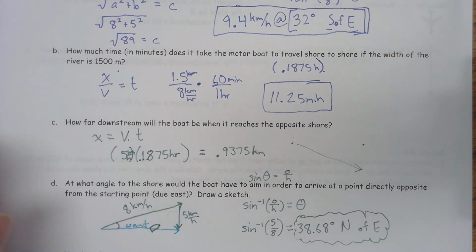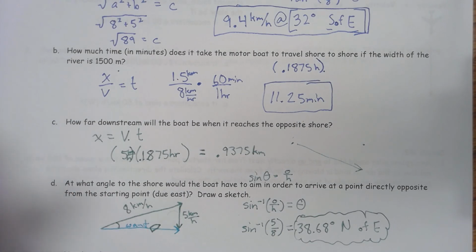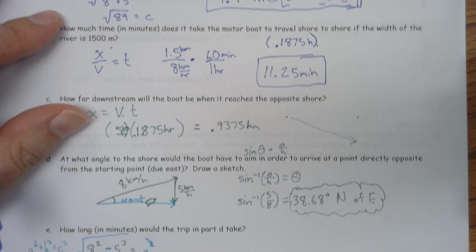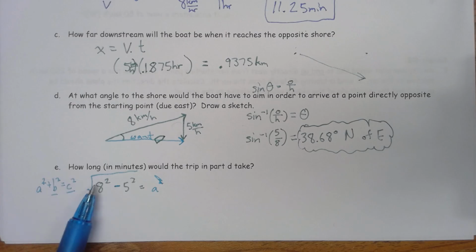And so it's if a squared plus b squared equals c squared, but we have two of them, why don't I just subtract? Or take the square root of both sides, get rid of that. So, oh, y'all can't see anything that I just did. Wow. If a squared plus b squared equals c squared, but we have the diagonal, then we can just subtract. 8 squared minus 5 squared, and then take the square root of it.